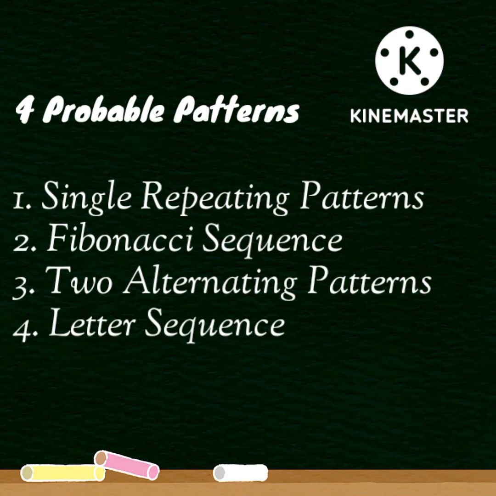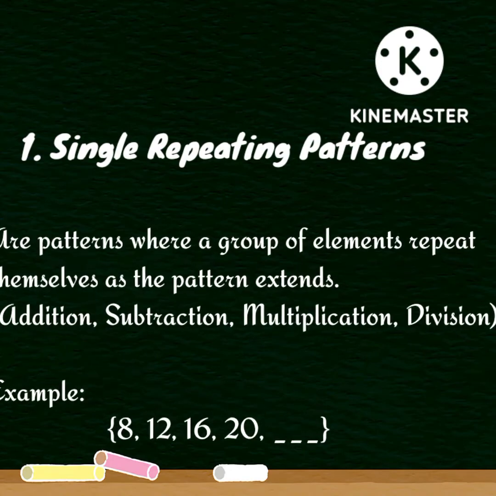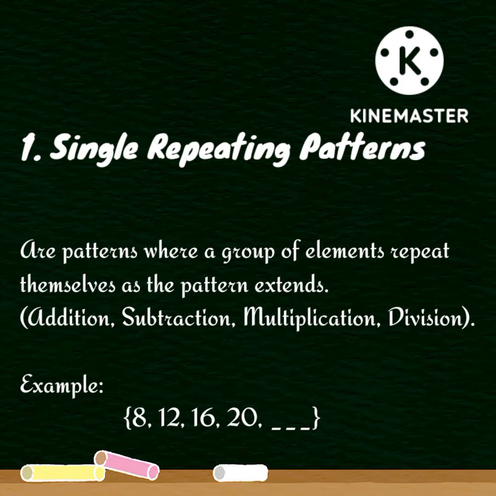Patterns have 4 types. First is the single repeating pattern, second Fibonacci sequence, third, 2 alternating patterns, and fourth, letter sequence. Single repeating patterns are the patterns where a group of elements repeat themselves as the pattern extends.